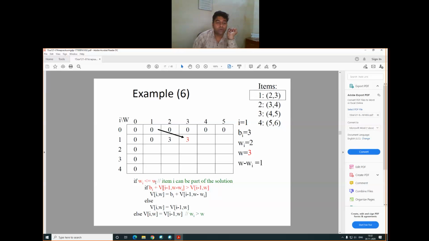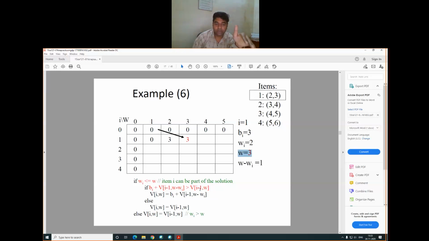So w of i is less than or equal to w. From here you can see w of i is equal to 2 and w is equal to 3. So definitely w of i is less than or equal to small w, so the item can be a part of the solution. And which condition is true in that case? b of i plus V[i minus 1, w minus w of i]. The first condition is true. Okay, clear?